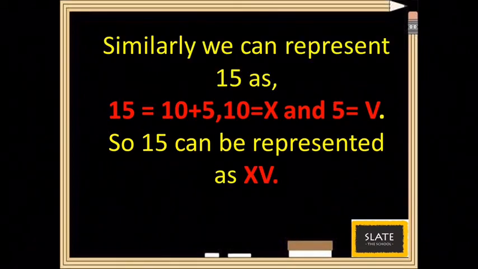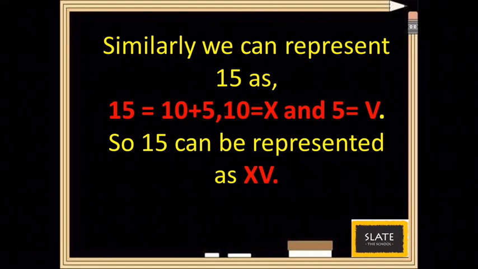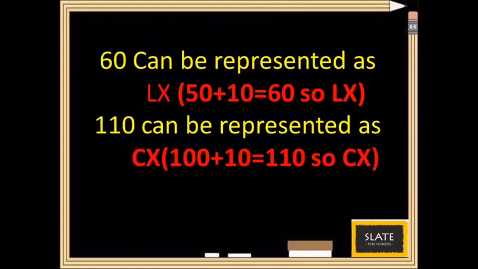Similarly, we can represent 15 as 15 is equal to 10 plus 5. 10 is equal to X and 5 is equal to V. So 15 can be represented as XV. Let's see few more examples. 60 can be represented as LX, that is 50 plus 10 is equal to 60.